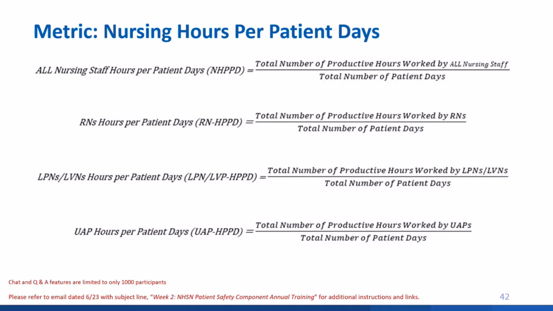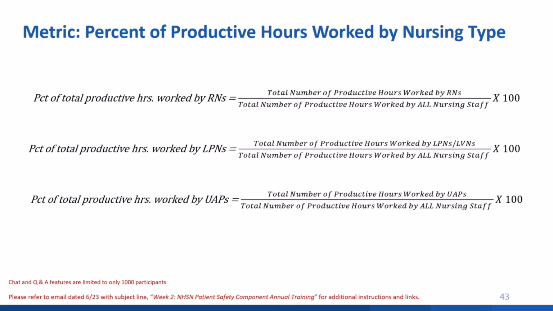So you can just run it by RNs and the total number of patient days, or LPNs, total number of patient days, or UAPs. And you can also run a percentage of total productive hours worked by RNs, LPNs, or UAPs.